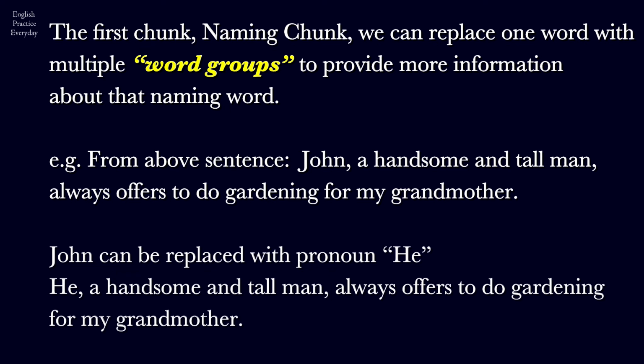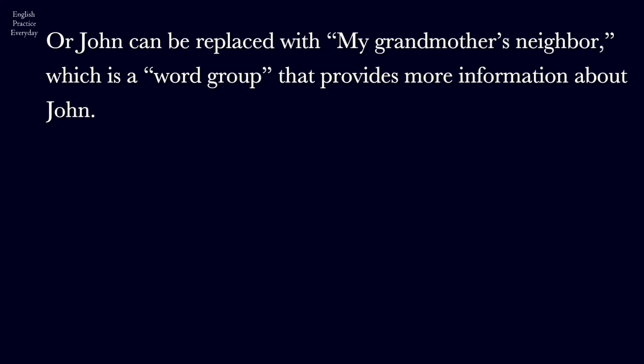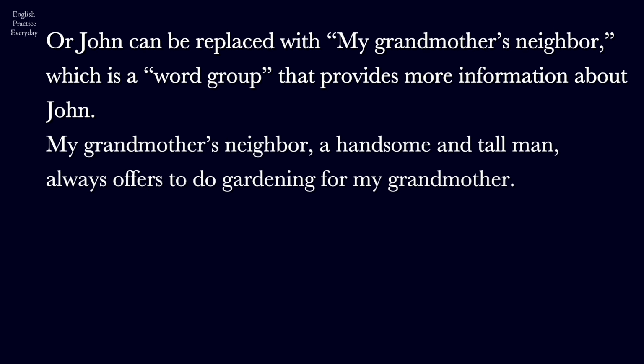He, a handsome and tall man, always offers to do gardening for my grandmother. Or Jean can be replaced with my grandmother's neighbor, which is again a word group that provides more information about Jean. My grandmother's neighbor, a handsome and tall man, always offers to do gardening for my grandmother.